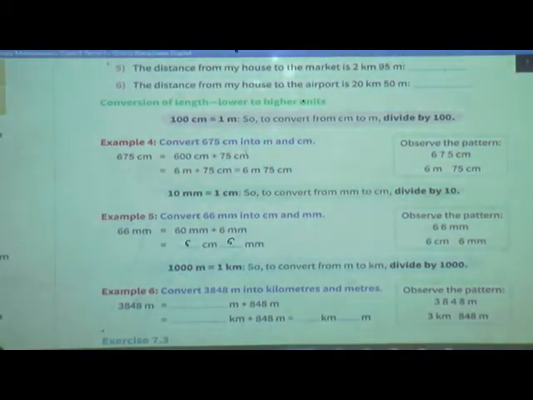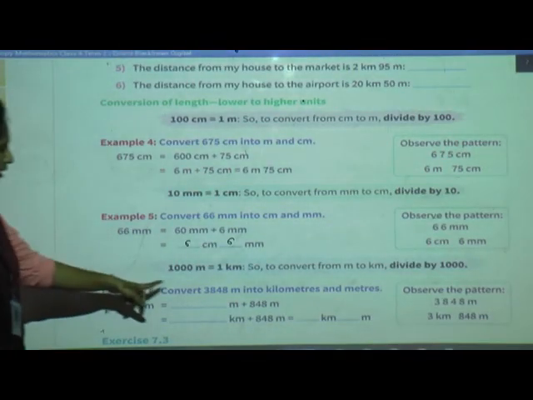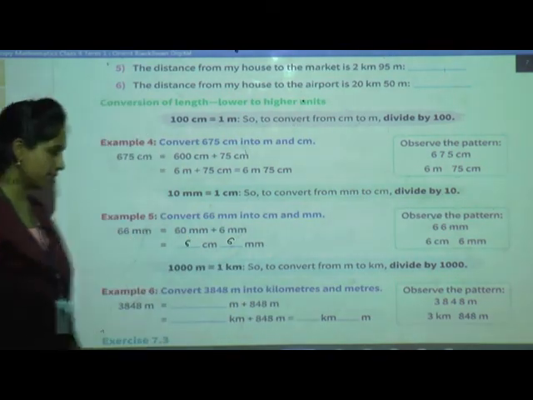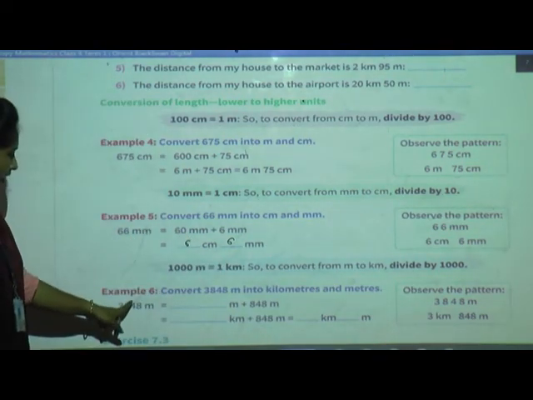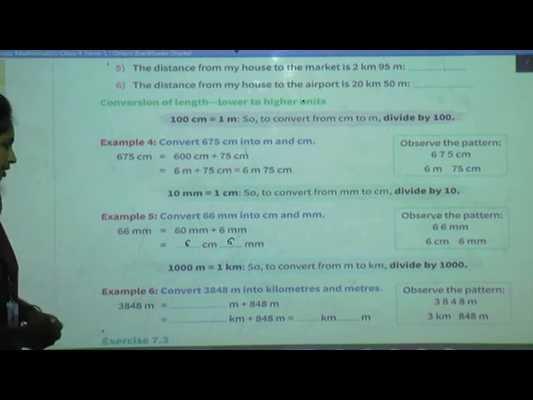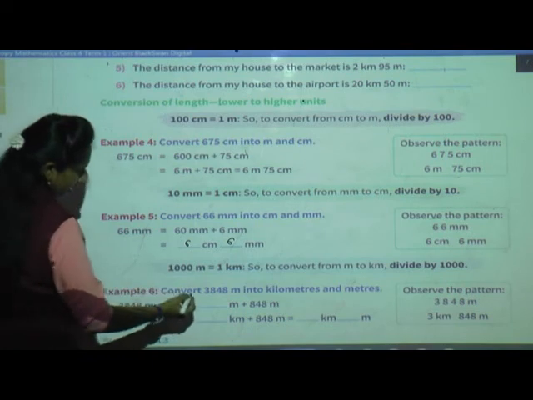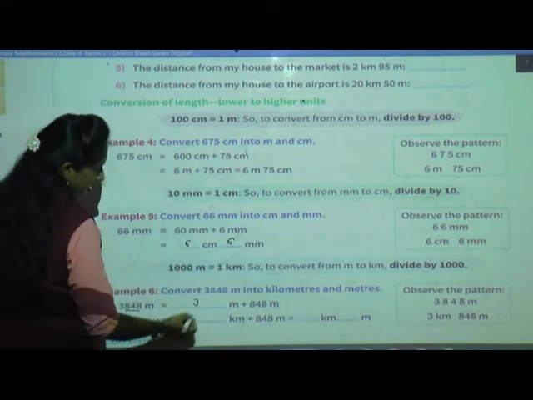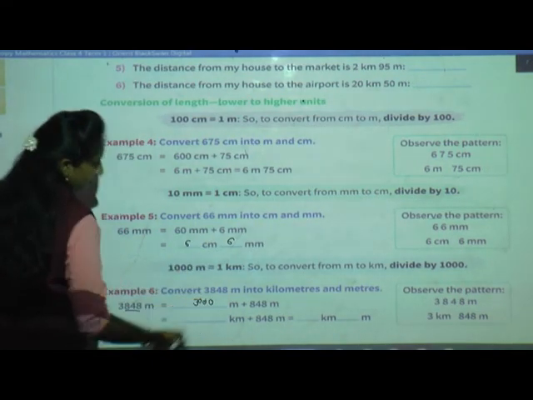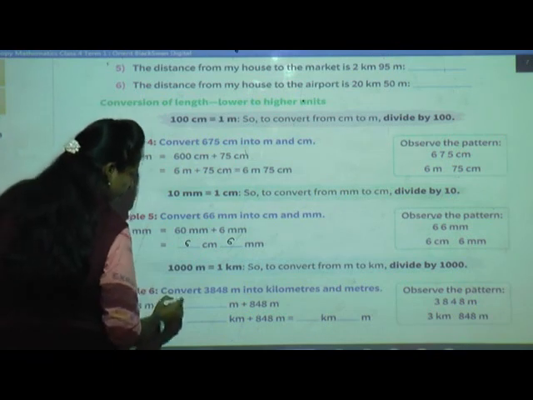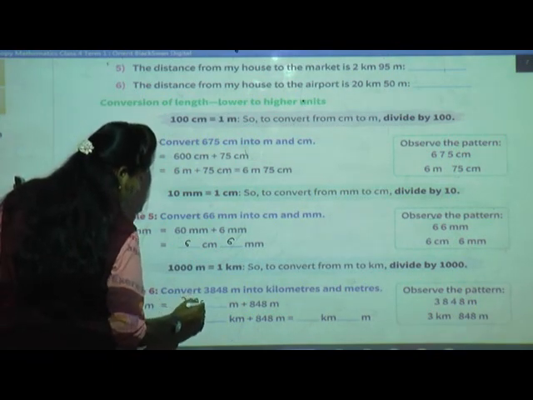Now we will see the example. Convert 3848 meter into kilometers and meters. Now how can we convert 3848 meter? See, this 3 is kilometer. So what is remaining here? 3000. Isn't it? Yes, 3000. So what we have to do? We have to divide by 1000.